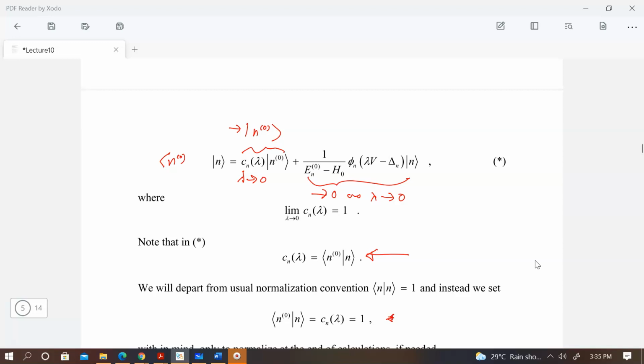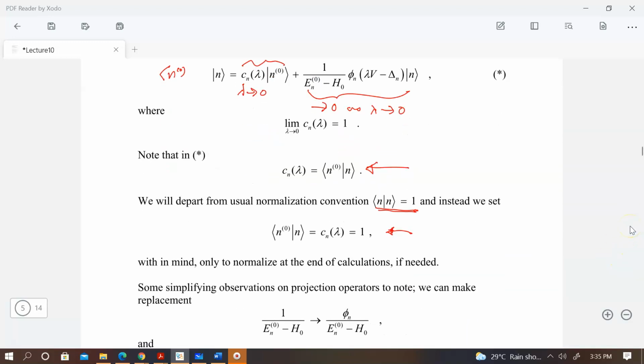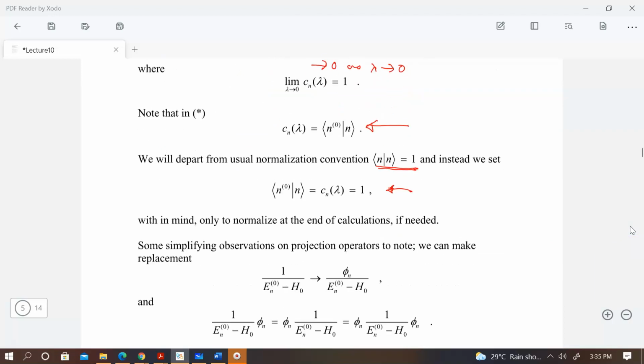Now, if we do so, we cannot use this kind of condition anymore, because instead of n being equal to 1, you have this being equal to 1. But that's a small matter because we can later on shift this product to a different value.